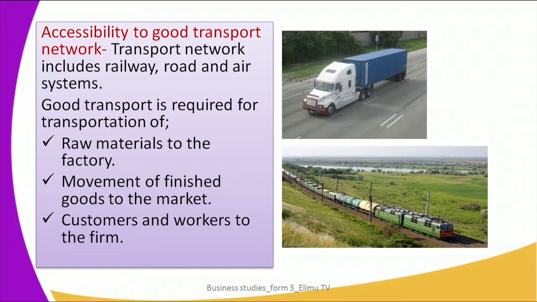It is also important for the movement of customers from their homes, maybe to the market. Also, the workers who are working in the farm have to move to the farm where they are working. So we'll find that transportation in general is very important for the smooth running of a farm.